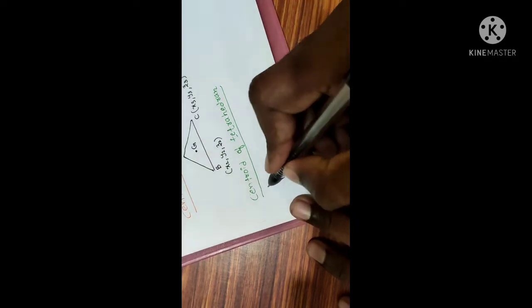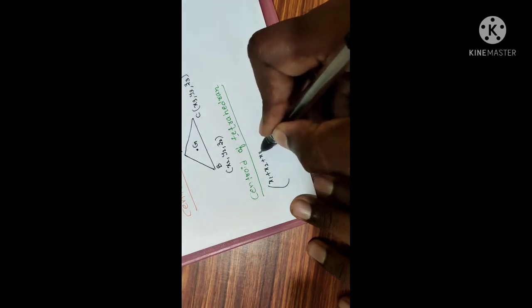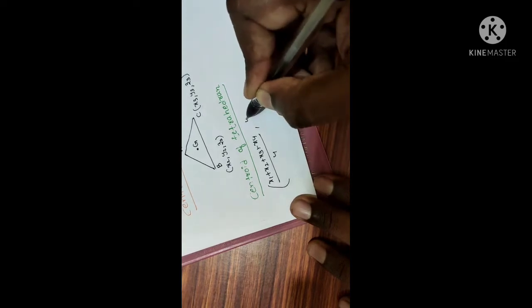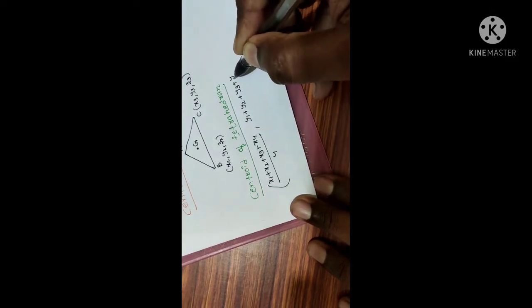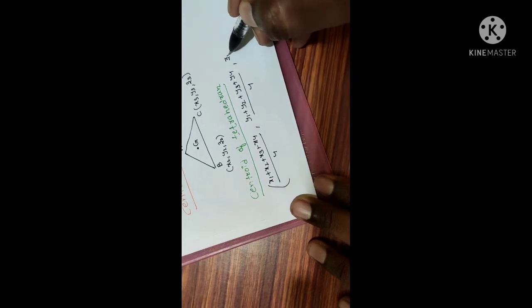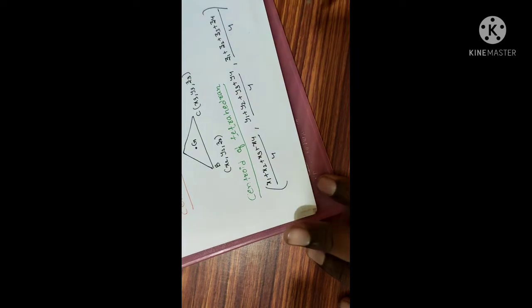Then the centroid formula is (x1 plus x2 plus x3 plus x4) by 4, (y1 plus y2 plus y3 plus y4) by 4, similarly (z1 plus z2 plus z3 plus z4) by 4. This is the formula for the centroid of a tetrahedron.